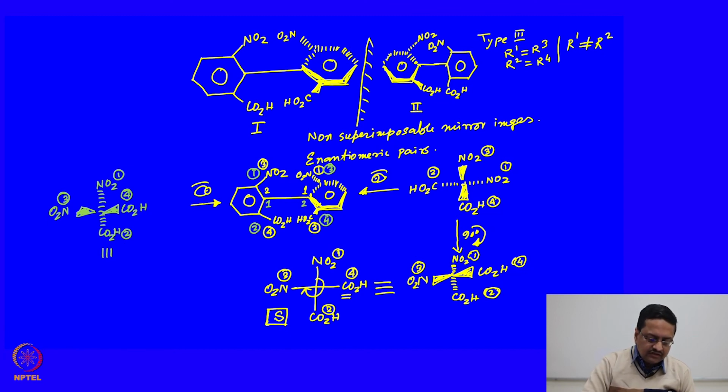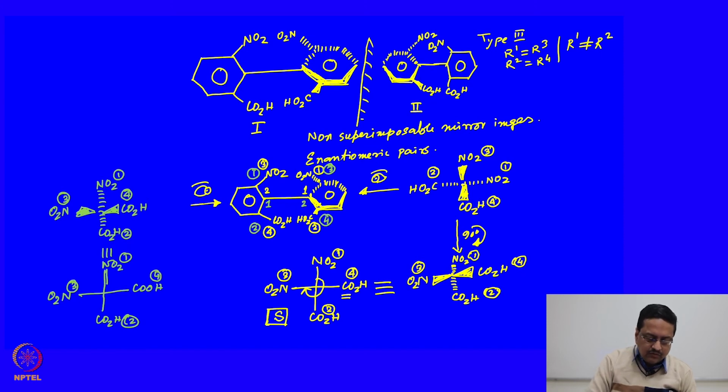So, we can straight away convert it into a Fischer projection like this. NO2 is priority 1, CO2H has priority 2, this NO2 has priority 3 and that CO2H has priority 4.